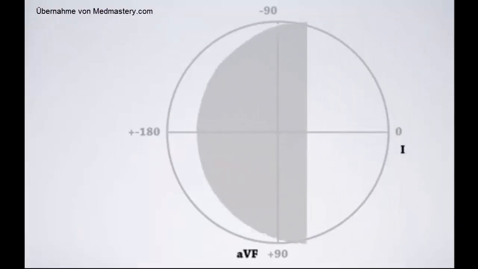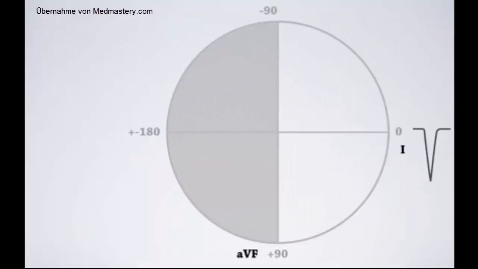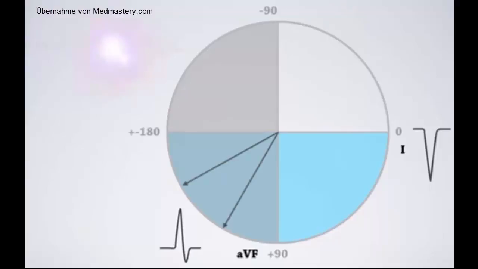So when lead 1 is negative, we look at AVF, and if AVF is mainly positive, we know that the main cardiac vector has to show somewhere into the direction of this dark blue or dark gray area down here. And this is called right axis deviation. That's when the vector points into the direction of plus 90 to 180 degrees.